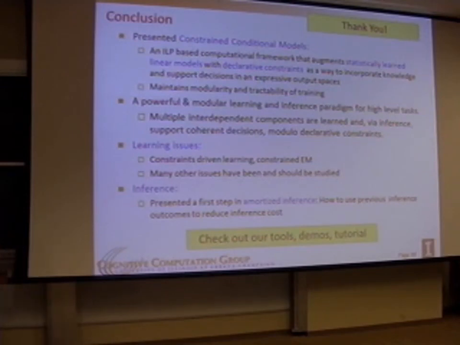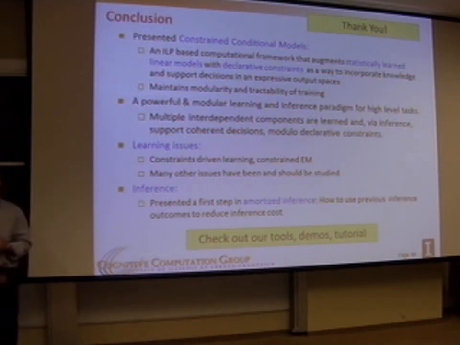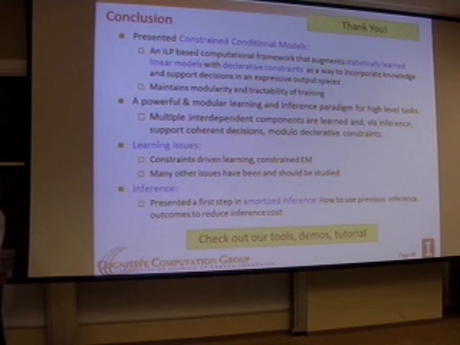One question is on constrained conditional models. So you're training locally conditioned classifiers first and then combining them. So does it make sense to do this hierarchically, for example, in a pipeline setting?